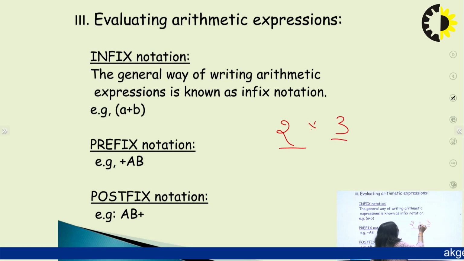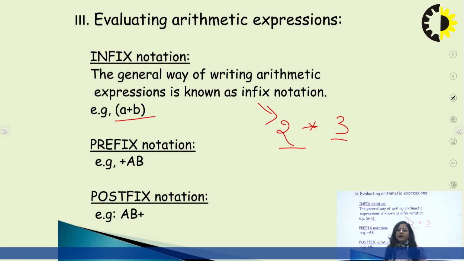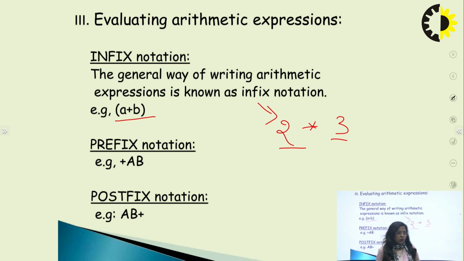The general way of writing an arithmetic expression is known as infix notation. So this one is infix notation. Also, here is another example of infix notation. Infix notation means the operator is between two operands.